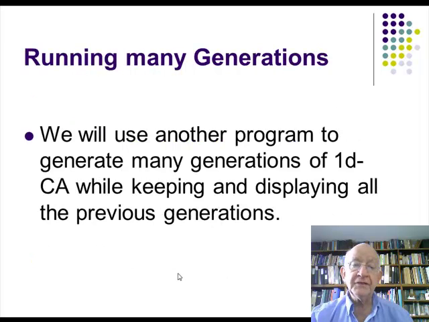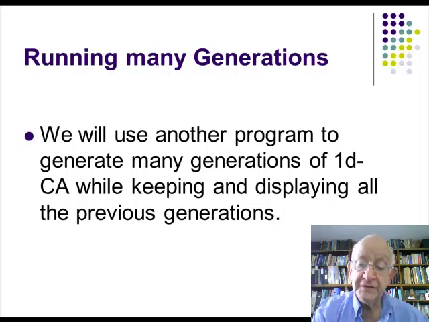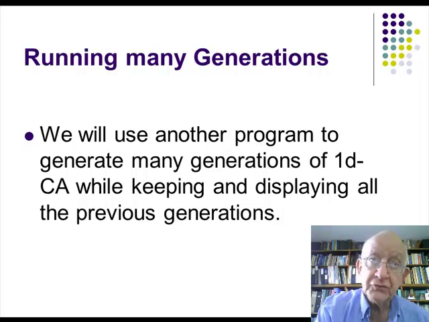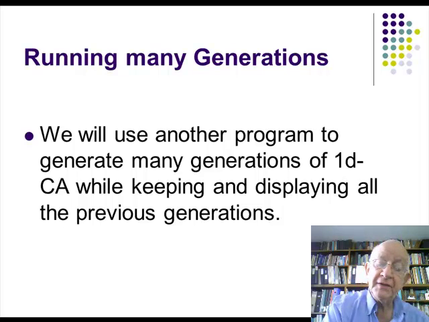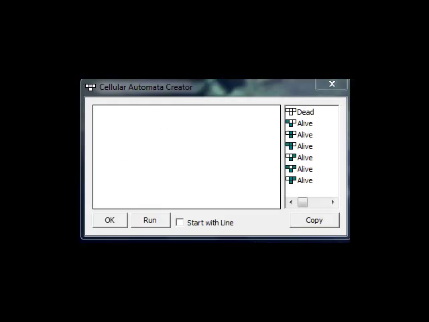We now use another program to generate many generations of 1D CA while keeping and displaying all the previous generations, and not showing just one at a time like we did in the previous program. Using this program, we will be able to examine several CA rules.